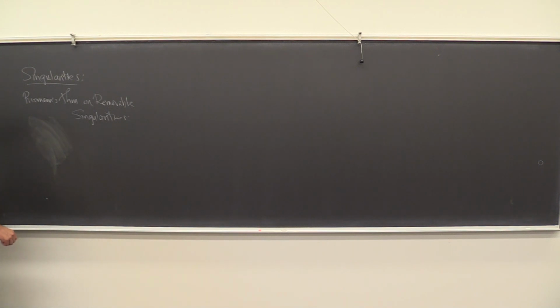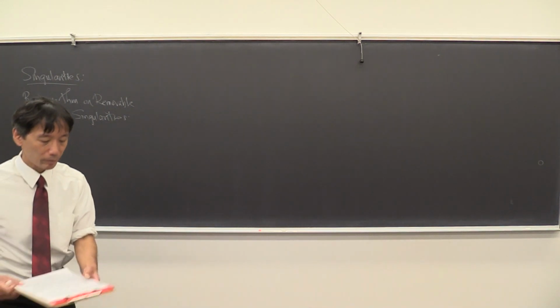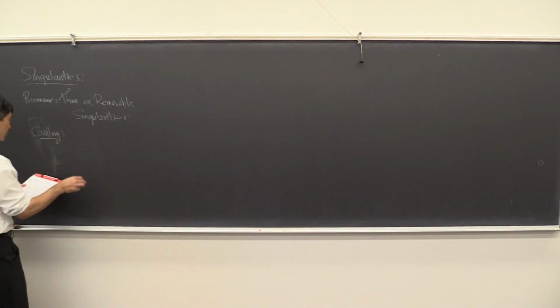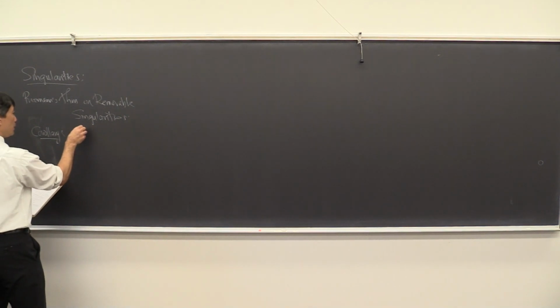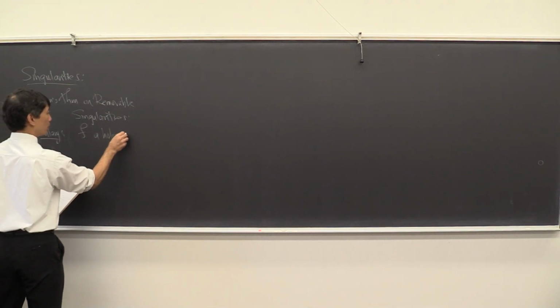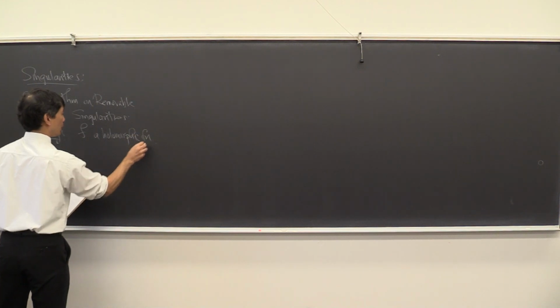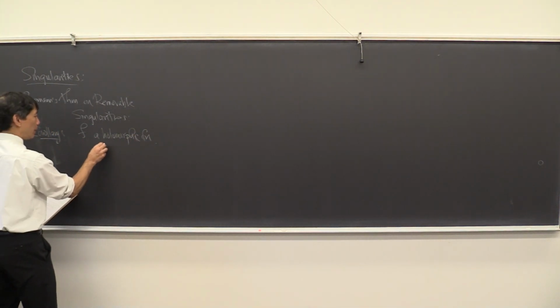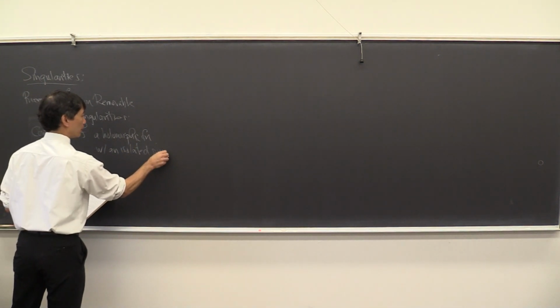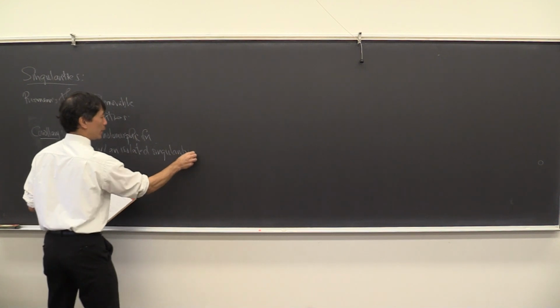Today we're going to start off with a characterization of what happens near poles. It's a corollary. Again, you start off with f, a holomorphic function with an isolated singularity at a point.